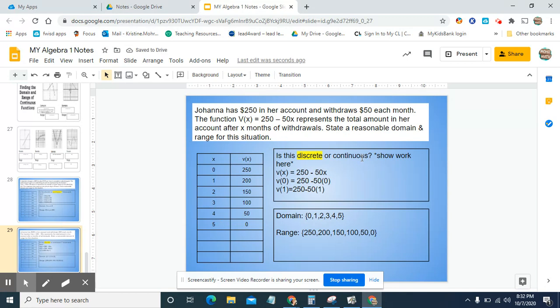Again, we do not do it as continuous because she is only pulling out $50 every month, and it doesn't give any notion that she's pulling out more money than this $50 or more frequently or at an unknown amount of time. So with that, it is discrete.